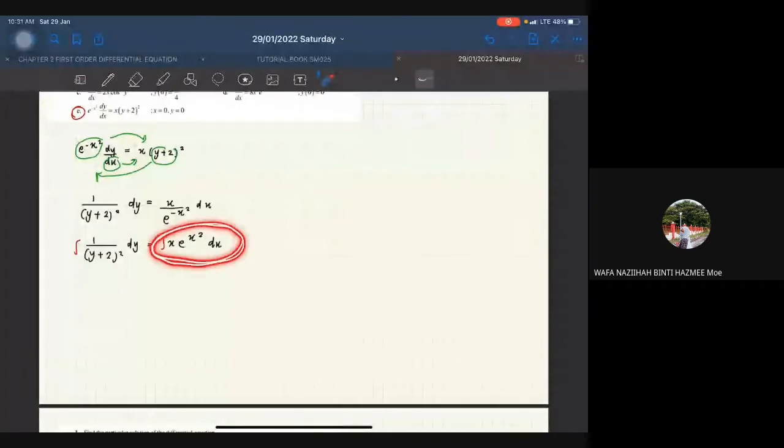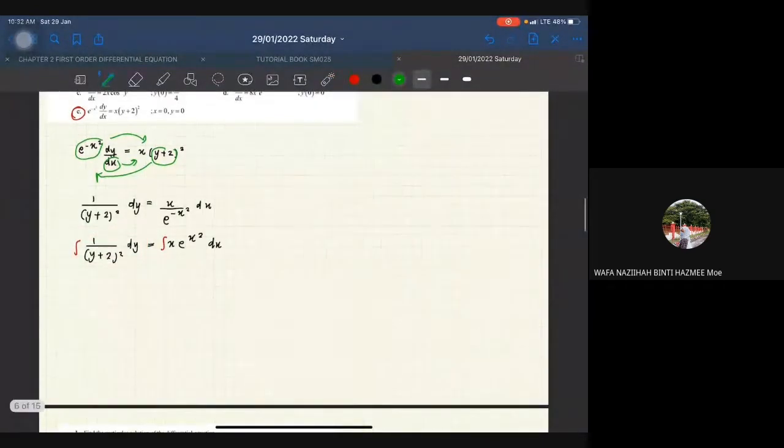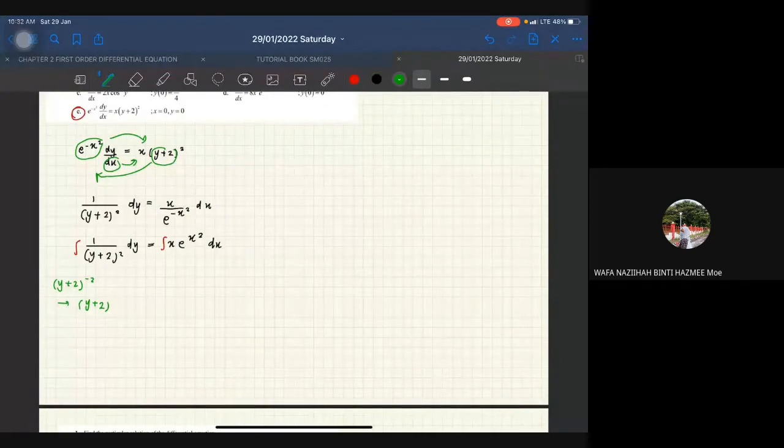So, kita akan let U equal to yang atas ni. Okay, so yang belah kiri, kita sebenarnya boleh integrate dia directly sahaja. Sebab apa? So, yang belah kiri ni dia akan dapat y plus 2 power of negative 2. Okay, so bila integrate dia akan jadi y plus 2 and then power tambah by 1 awak dapat negative 1 and then divide by negative 1.